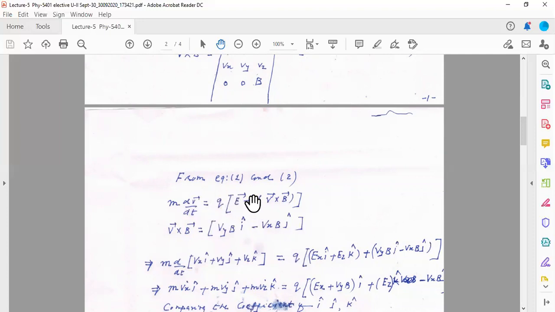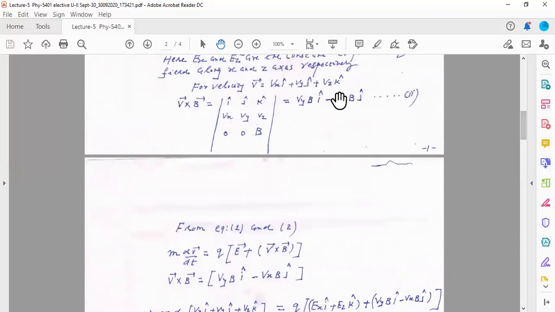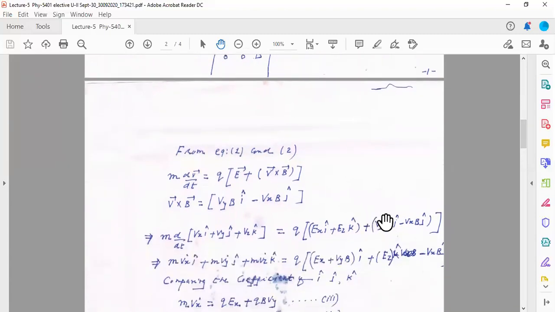Here I write the vectorial form of E, because it is applied in the xz plane, so I write Ex i plus Ez k in place of vector E. And V cross B, which we have already calculated, is Vy B i minus Vx B j, which we substitute here.